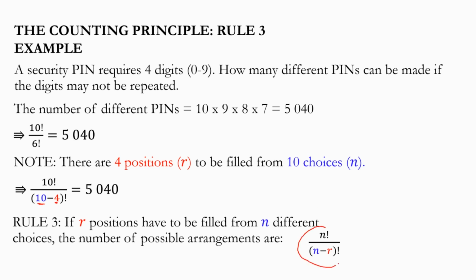This is our rule number 3. If R positions have to be filled from N different choices, the number of possible arrangements are N factorial divided by N minus R factorial. You see that? It makes it very, very easy when we bring in the factorial notation.